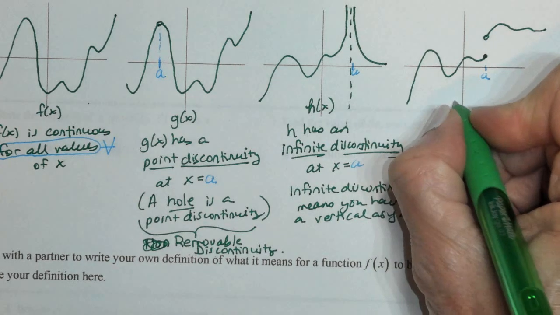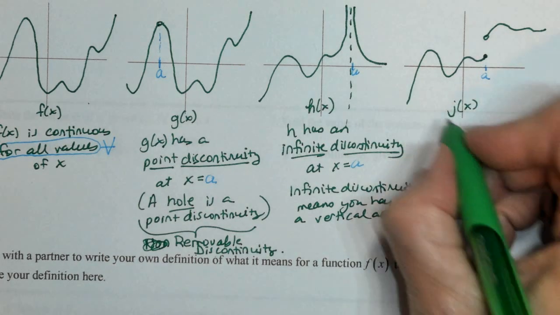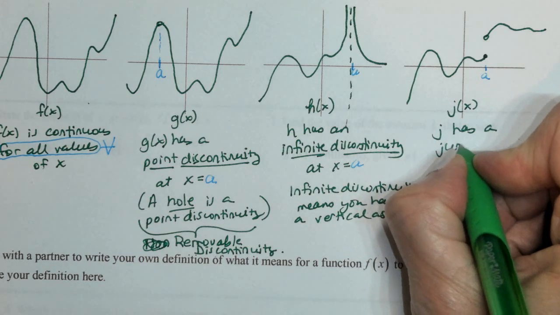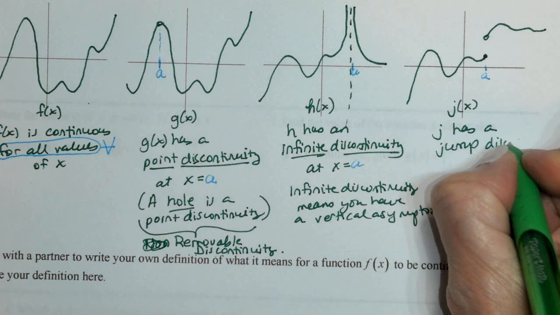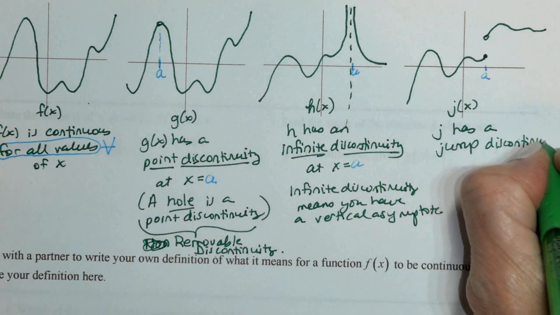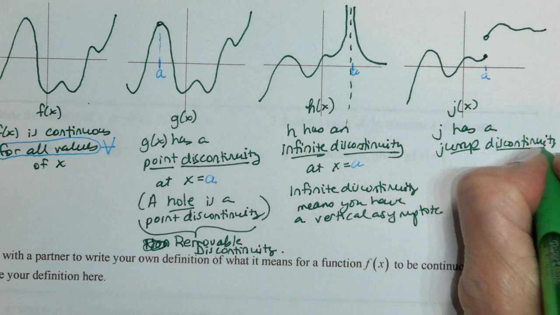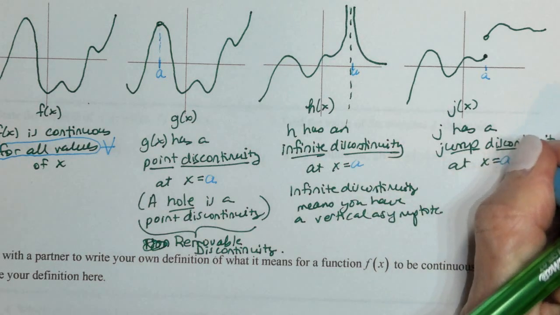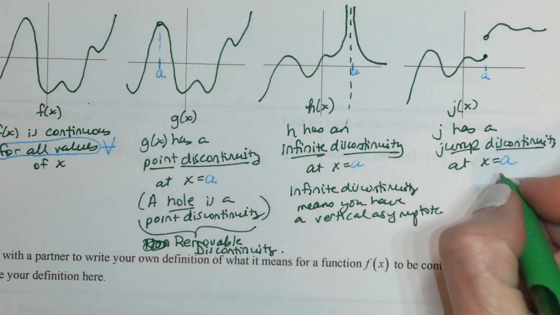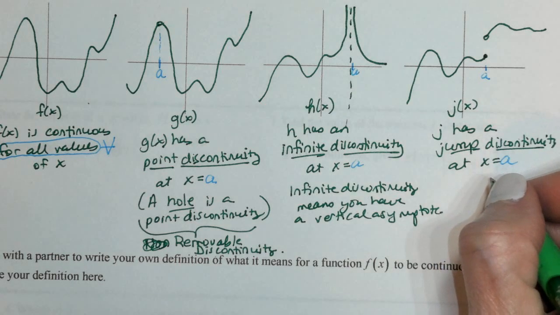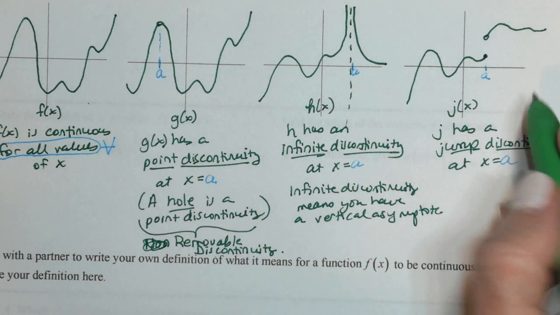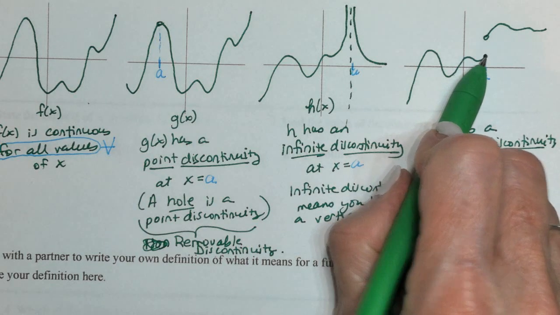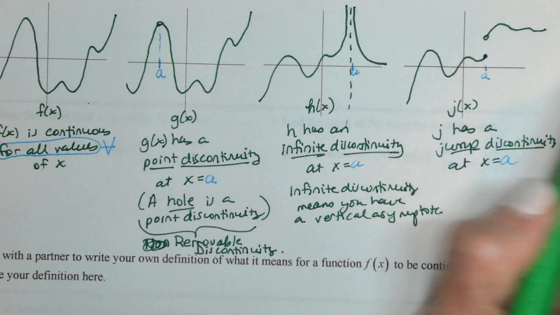We'll call this function j, j for jump. So j has a jump discontinuity at x is equal to a. A jump discontinuity means that the limit from the left is not equal to the limit from the right.